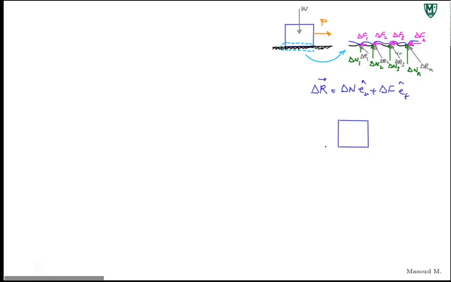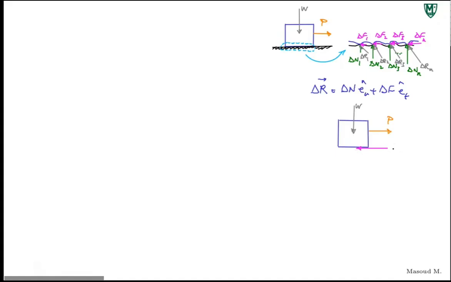If you draw the free body diagram for this box, you're going to end up having your weight there. The box has some weight. You're pulling it to the right with force P. You have your friction force there, tangent to the surface, opposing the direction of the motion to the right.